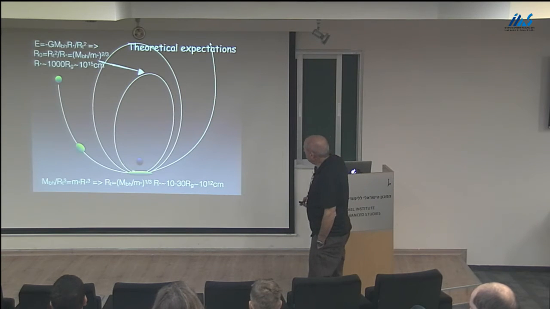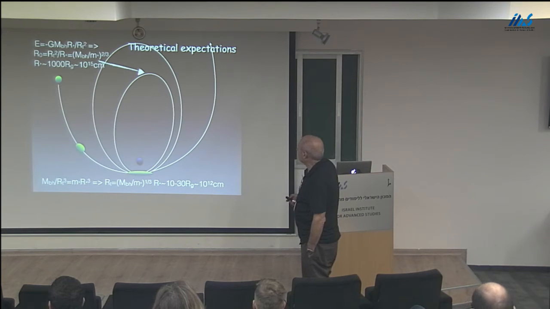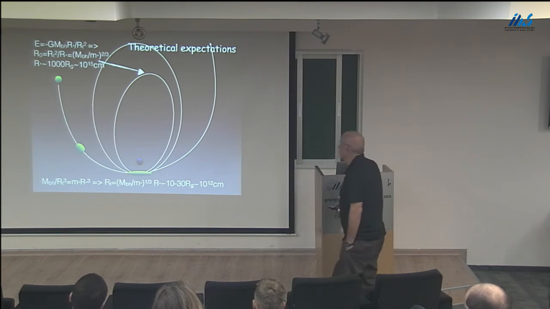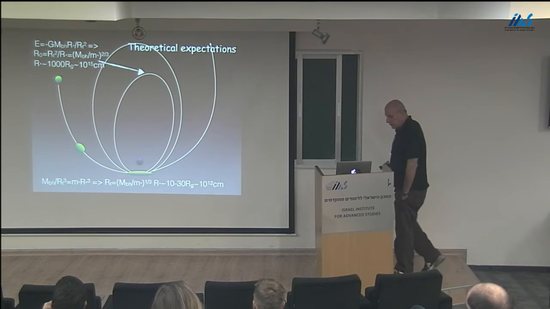And the most bound returning material goes up to about 10 to the 15 centimeters, which is larger by the ratio of the masses to the power of 2/3 compared to this value. So this goes to about 1,000 R_T, which is 10 to the 16 centimeters, which is a large factor.